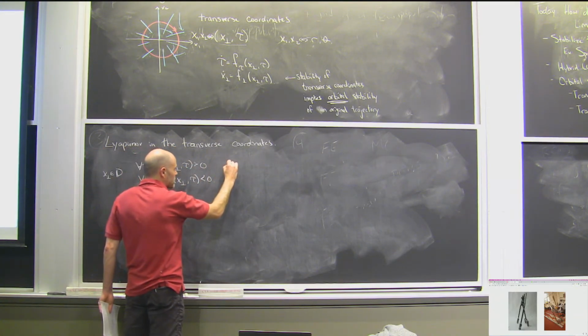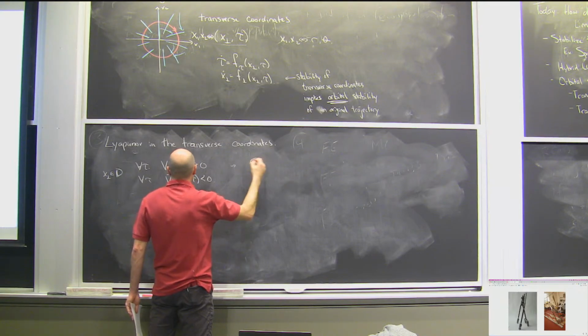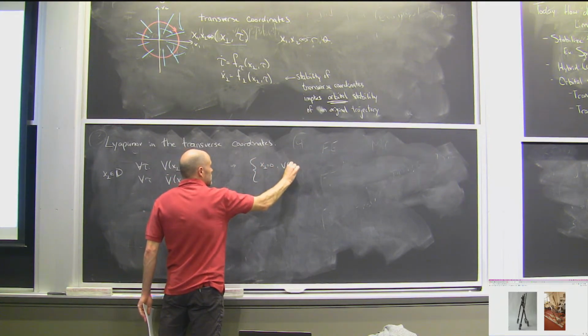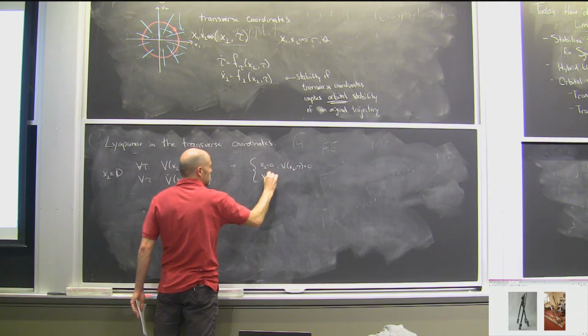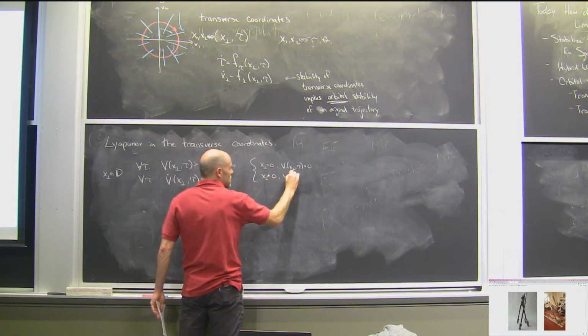When I say positive definite here, that implies that when x perp equals 0, v(x perp, tau) equals 0, and x perp not equal to 0 gives v greater than 0. That's what I mean by the positive definite notation, right?